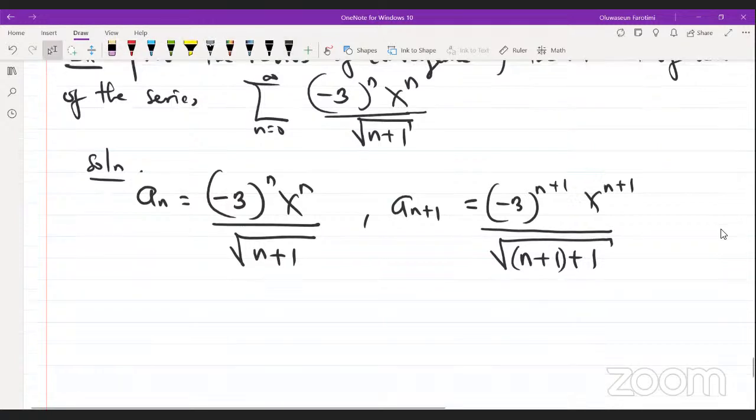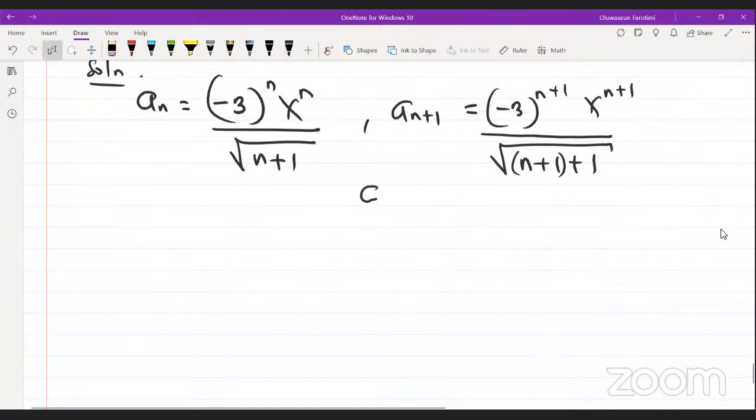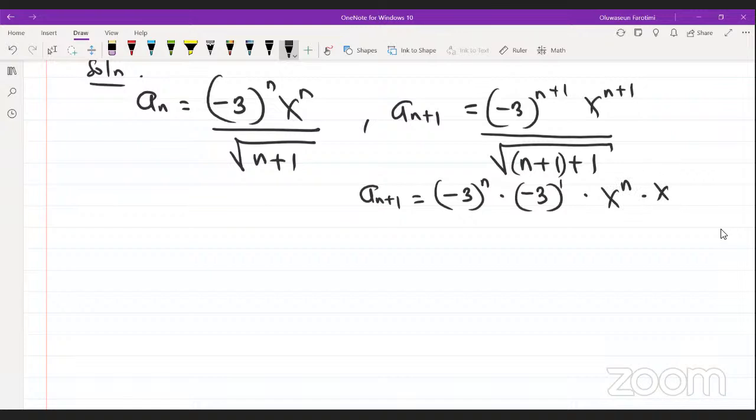Right? So this is a sub n plus 1 equals -3 to the power of n multiplied by -3 to the power of 1. Now, this is me just simplifying, right? Because I need to use the ratio test, and simplifying ahead of time makes life easy for me. So now I can fit it into the ratio test frame.